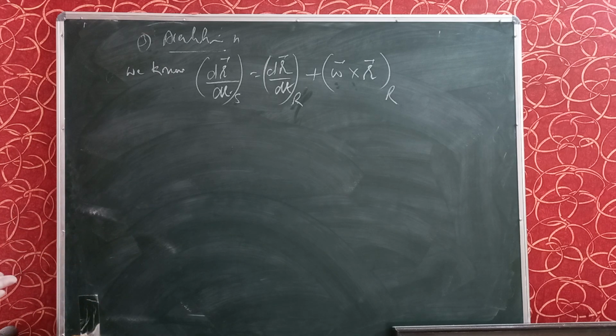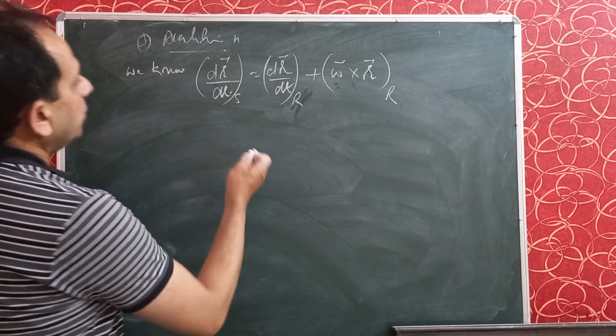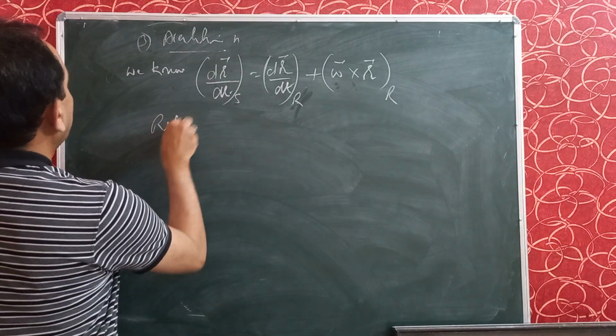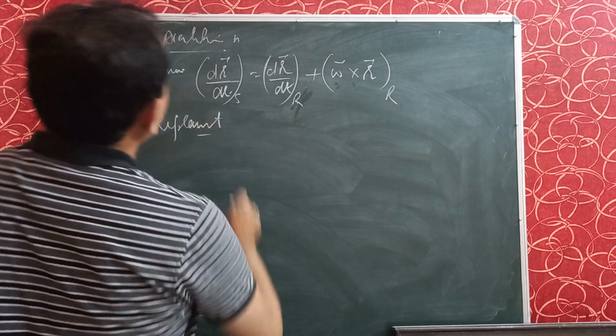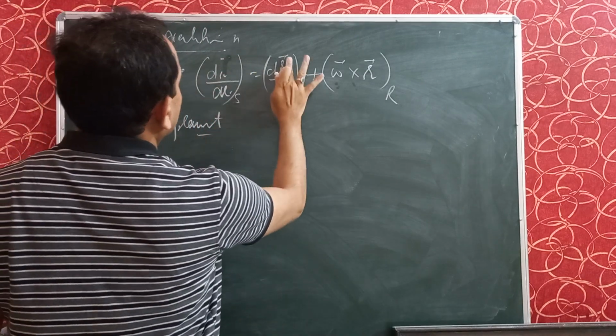What is the smart way? We may do the derivative without taking the derivative. It is the replacement method. It means we will replace this r.